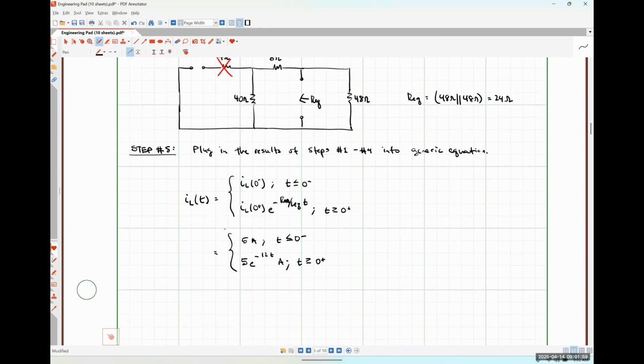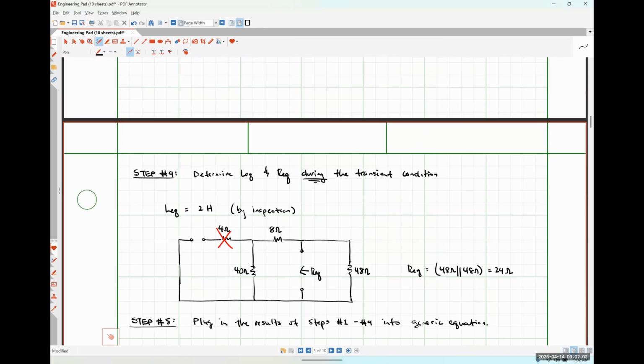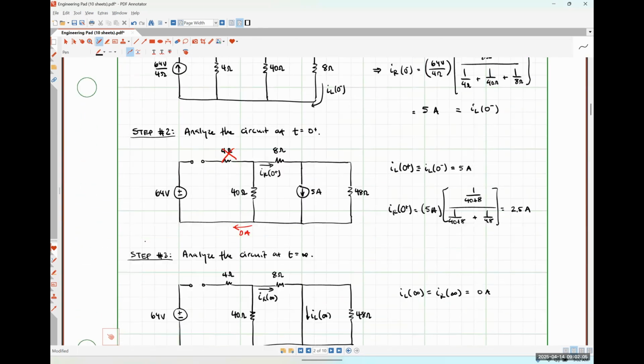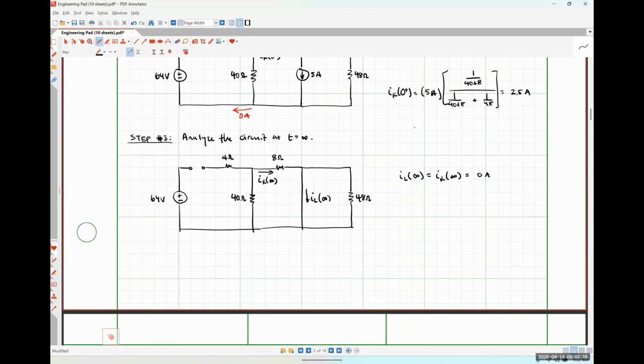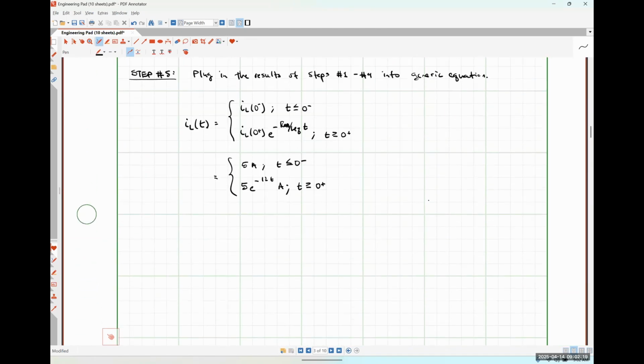We were also asked to find our resistor current. Now, we observed way back here that essentially half of our inductor current is going to flow up through the 40 and then from left to right through the 8. So it would stand to reason, using current division, that IR of t is equal to half IL of t for t greater than or equal to 0 plus.